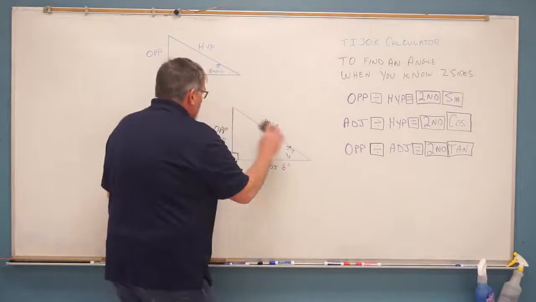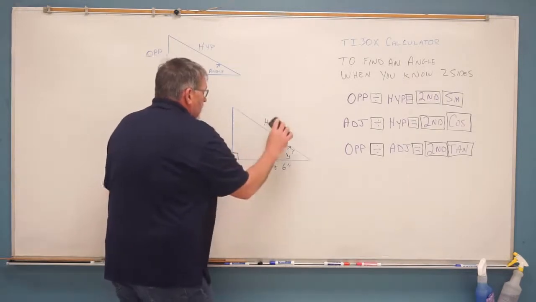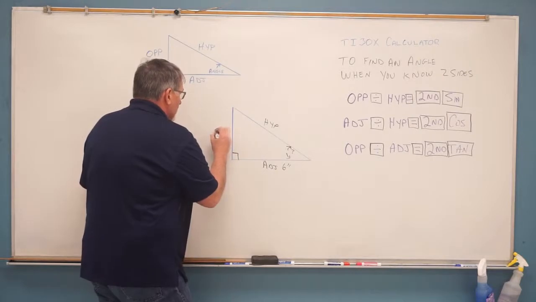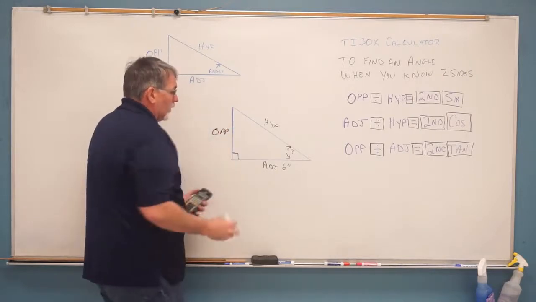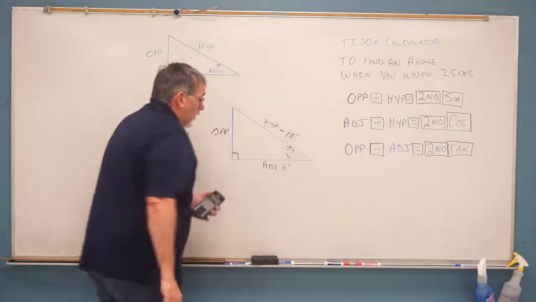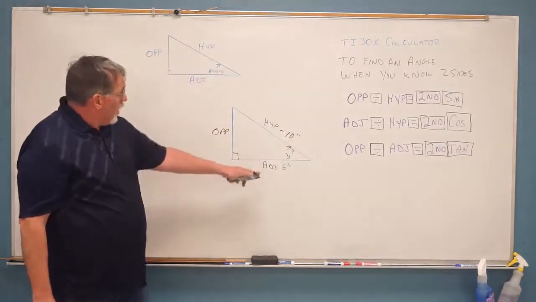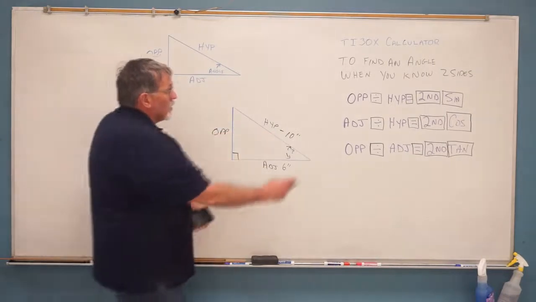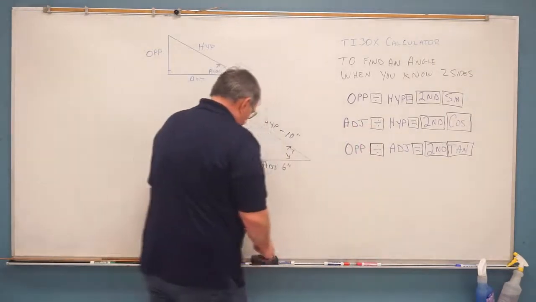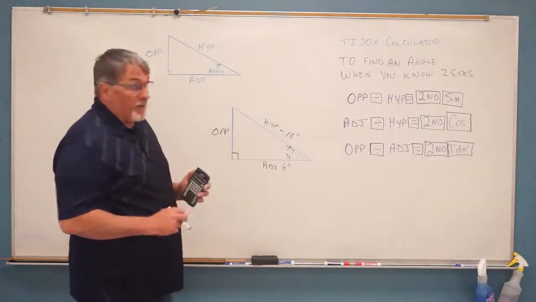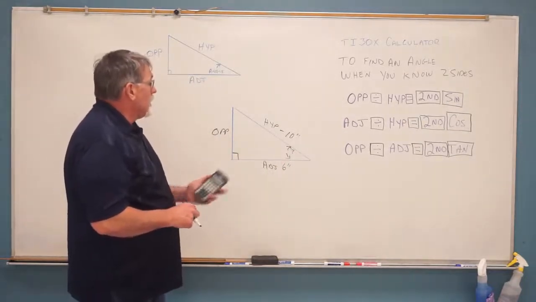So in this case, let's leave the adjacent as it is, and I'll give you a number for the hypotenuse. Let's just say this hypotenuse is 10 inches long. So now we know our adjacent side and our hypotenuse, which would be the second formula here. So let's solve for that. And you notice I haven't changed the angle, right?